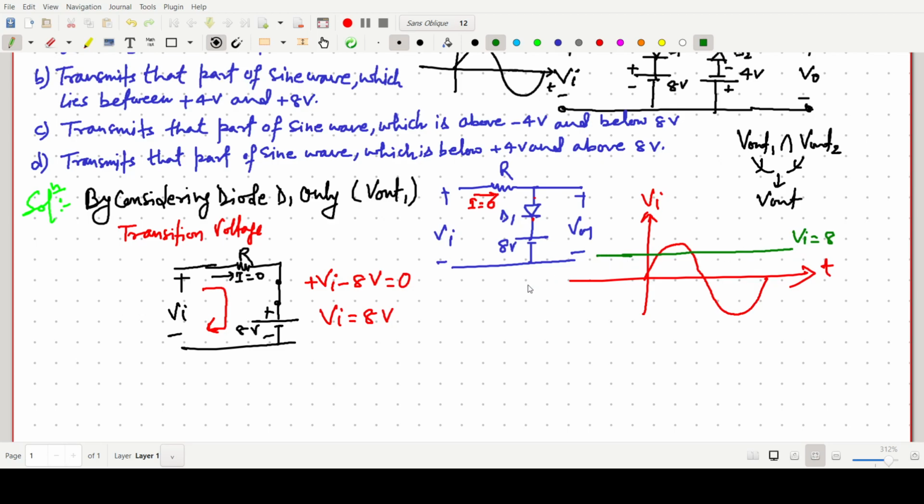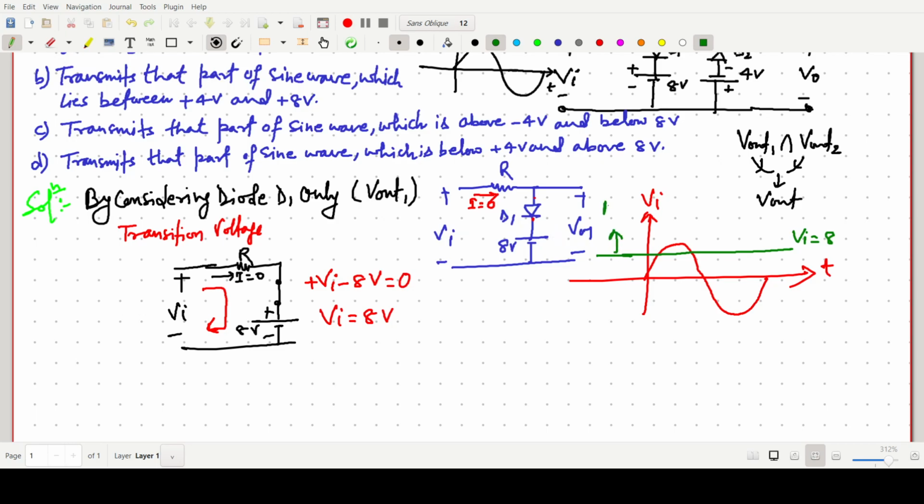Now we can say that this Vi equals 8 volt is the transition level. Above this 8 volt, the diode is either on or off, so we have to check. If the Vi value is more than 8 volt, the diode will become on.